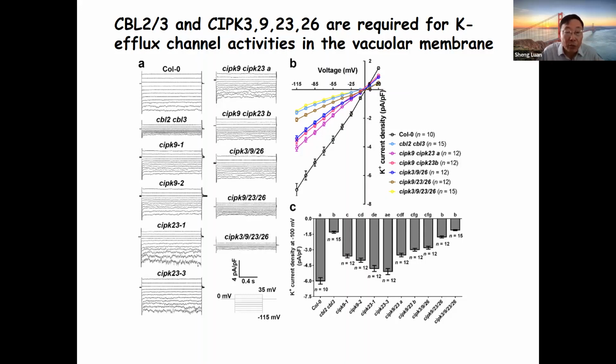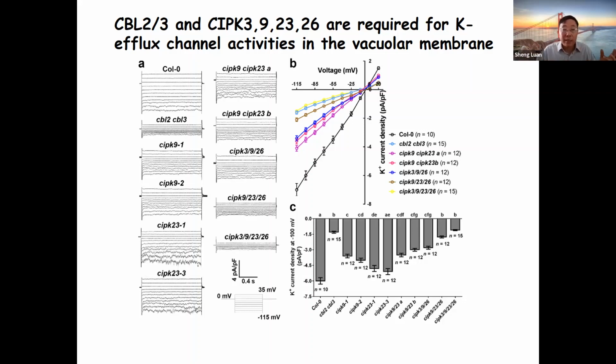Okay, so as you try single mutant, double mutant, and then triple mutant of CIPK, quadruple mutant, then you see the decrease of the potassium current, right? So this quadruple mutant of CIPK, really similar to CBL2 and 3, essentially wipes out the potassium channel current.